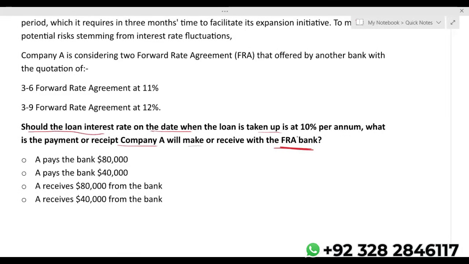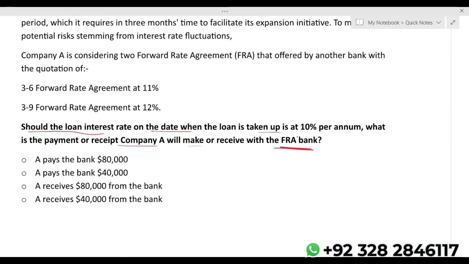It's a tailor-made product. Normally, due to FRA, interest rate becomes fixed for you. Assuming under FRA interest rate is 10% for you, but actual rate becomes 7%. First you will be paying 7%, then you will have to pay the 3% to the bank from which you have taken FRA.